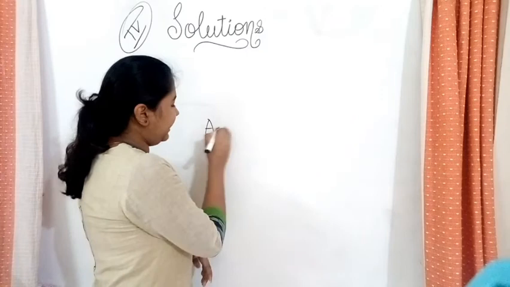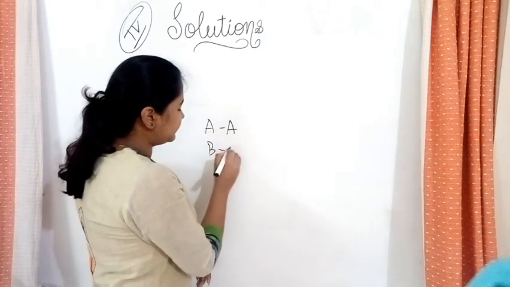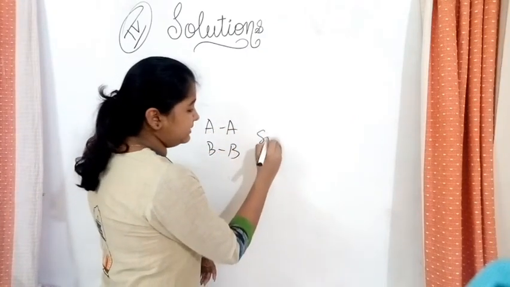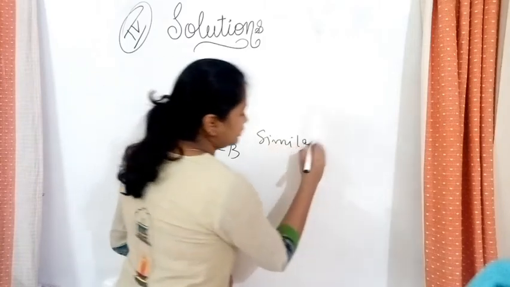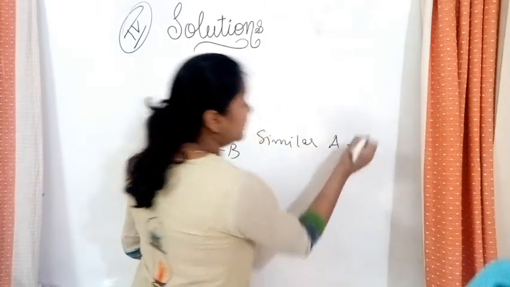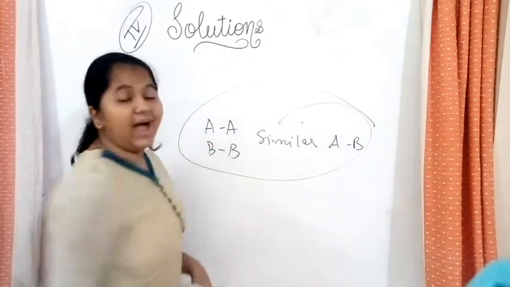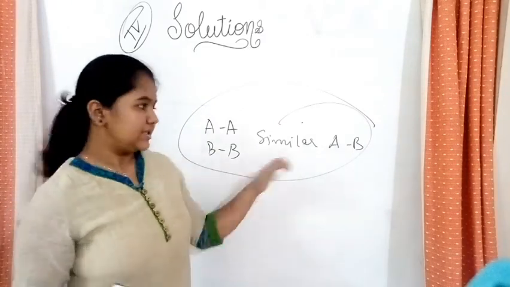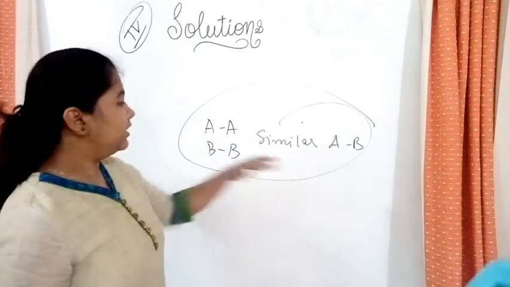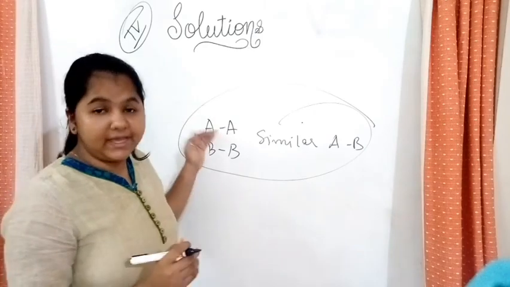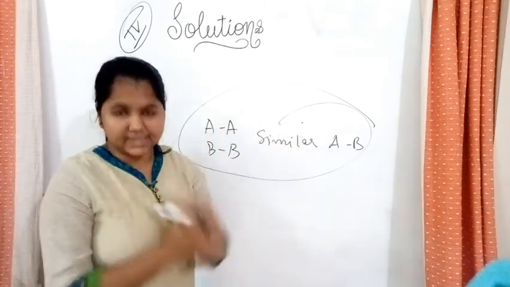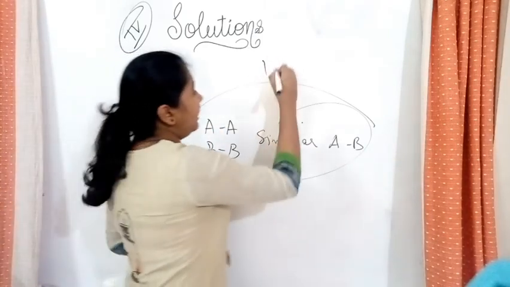When AA and BB interactions are similar to AB interactions, then an ideal solution is formed. There's a point I forgot to mention: if AA and BB are similar to AB interactions, then it is an ideal solution.